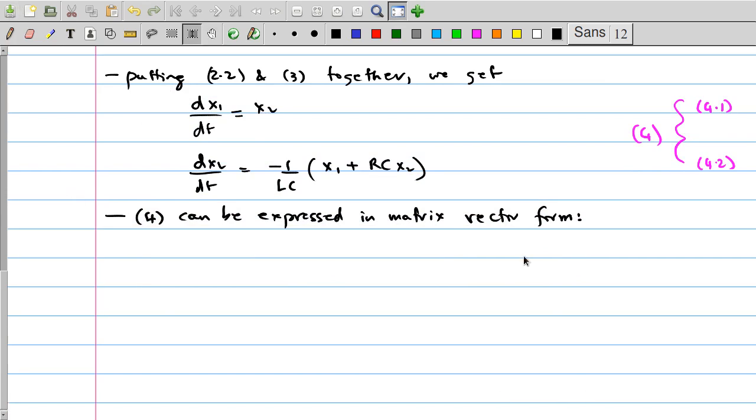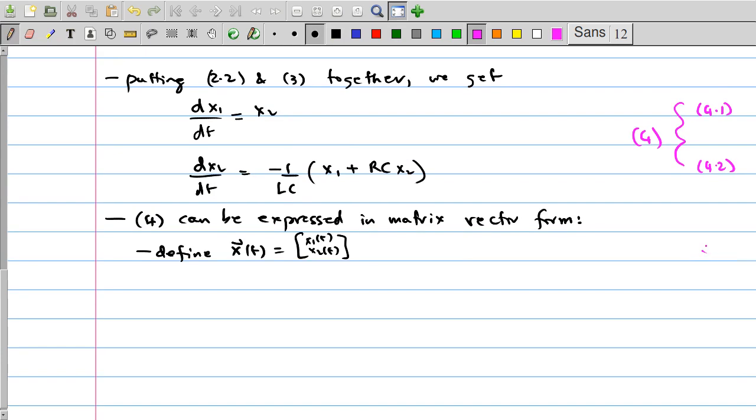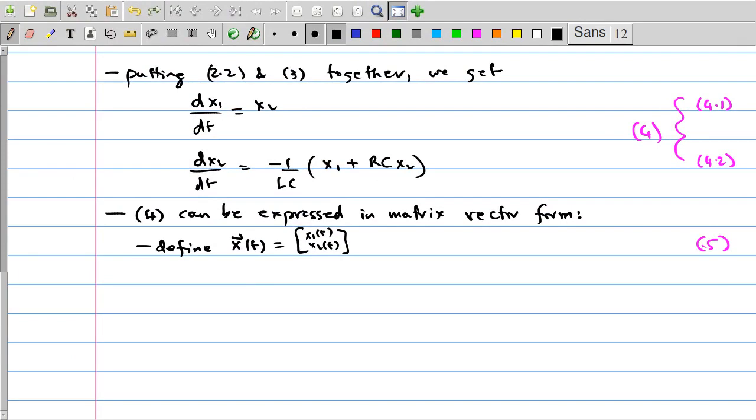So first we define the vector x of t to be x1 of t, x2 of t, and that's equation 5. And then we get d by dt of x1, x2 equals. We'll write it in long form first.